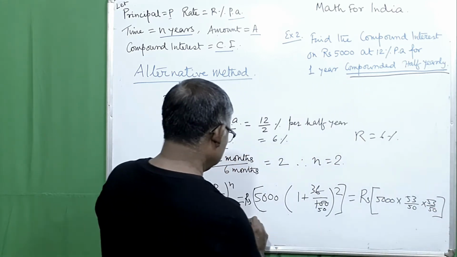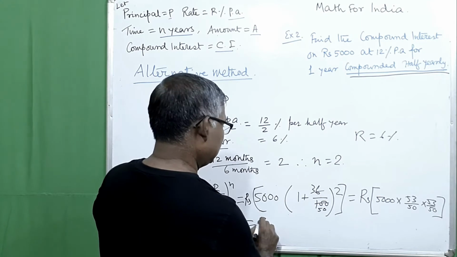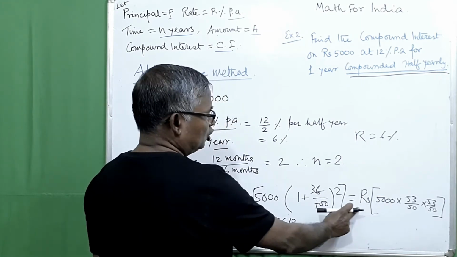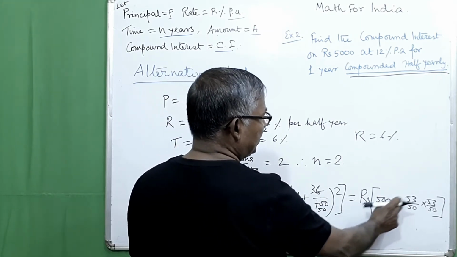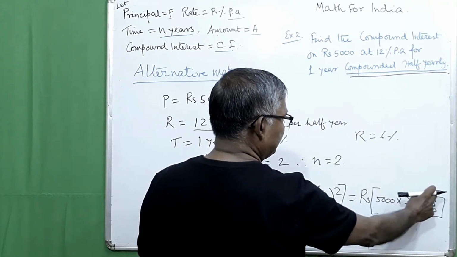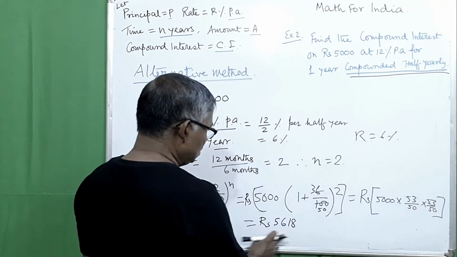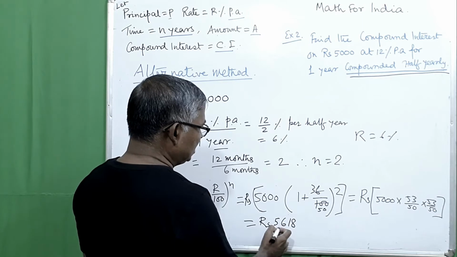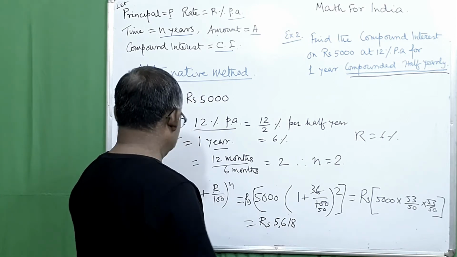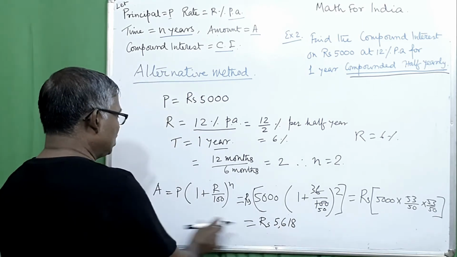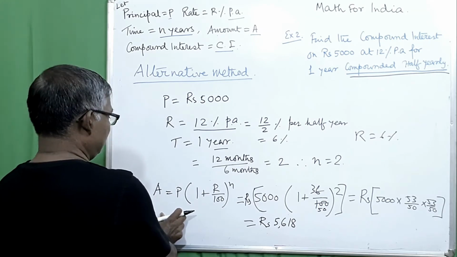After calculation, we will get rupees 5618. It is the amount after 1 year.